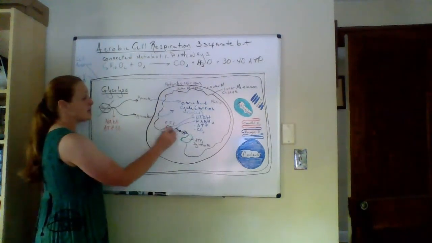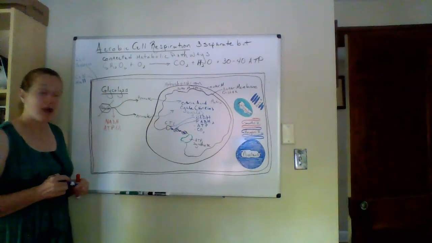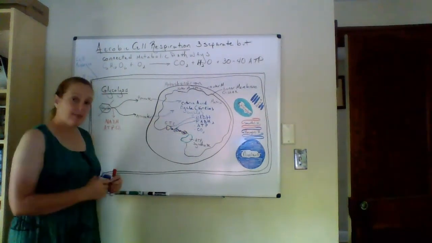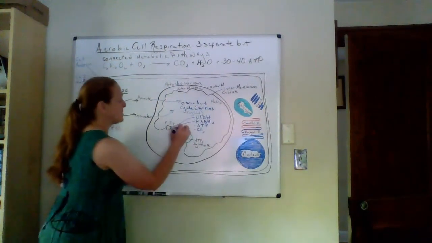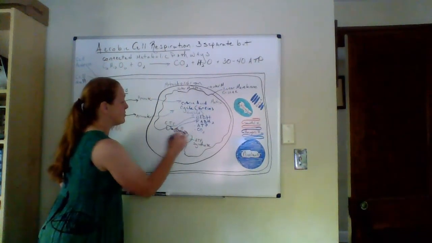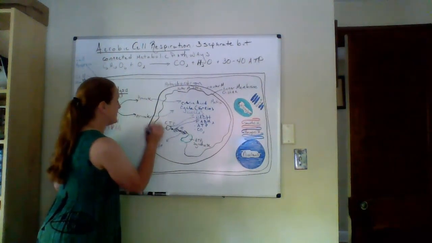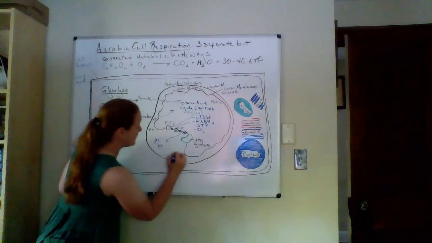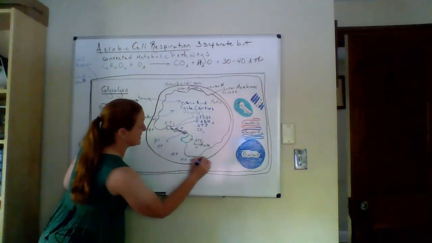These electrons are going to wiggle through the proteins of the electron transport chain. When they wiggle through the proteins of the electron transport chain, hydrogen is going to get sucked and pulled into that intermembrane space. So in my intermembrane space, I have lots and lots of hydrogen ions.